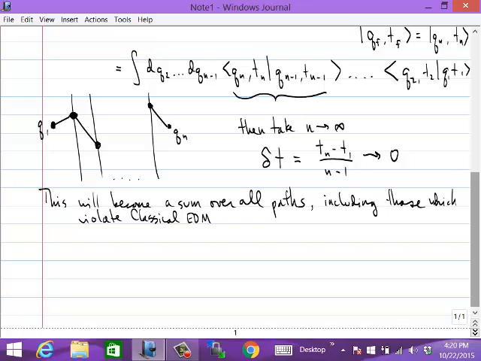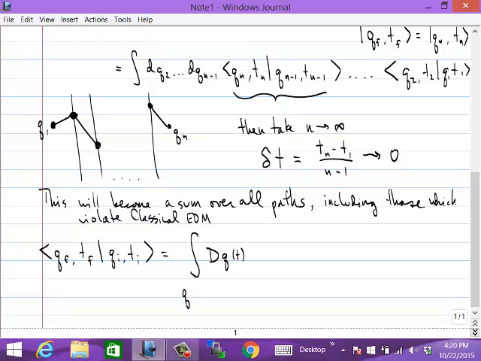So what does this mean a little bit more formally? Well, this means that you should be able to think of this transition amplitude as an integral over all paths, a sum over all paths. I'll use the symbol capital D of Q to denote a functional integral, that is to say an integral over all possible functions Q of t.